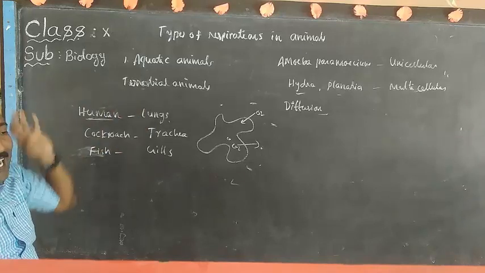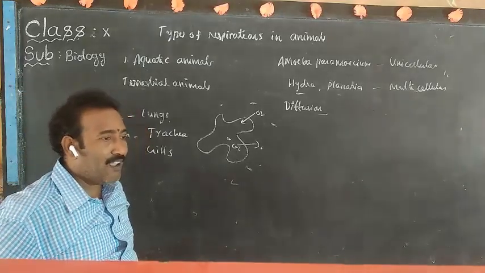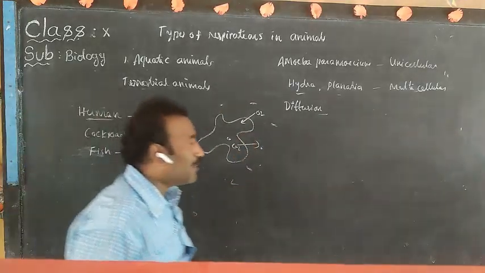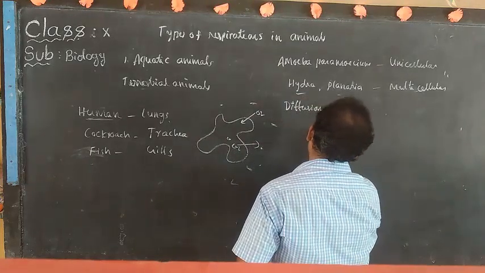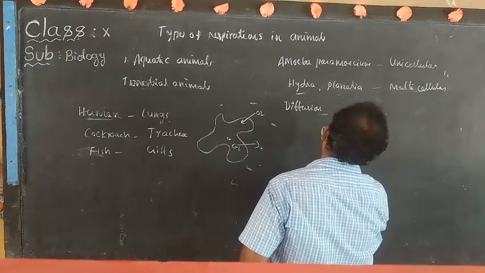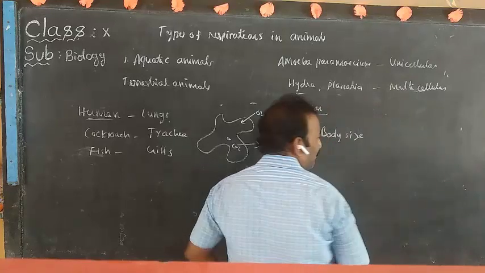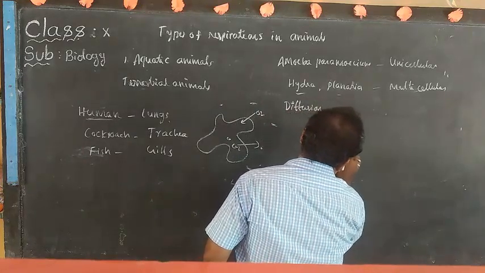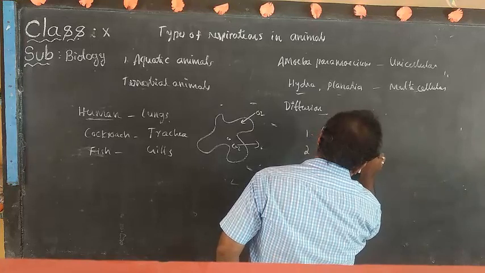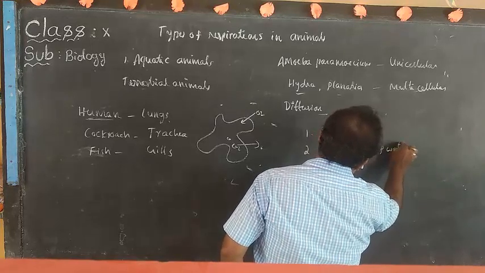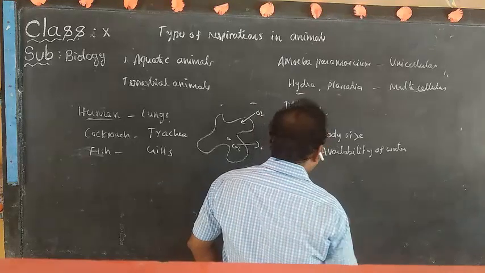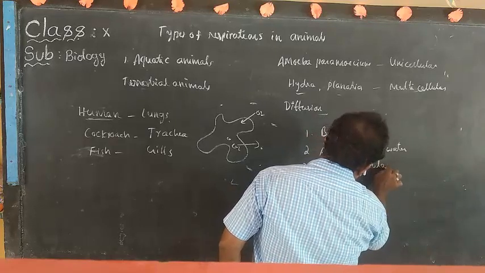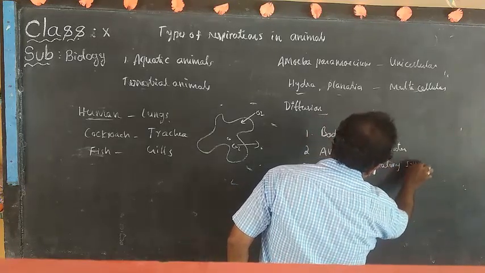Why? The type of respiratory system or the type of respiration present in an animal depends upon the body size of the organism, the availability of water, and the type of circulatory system.